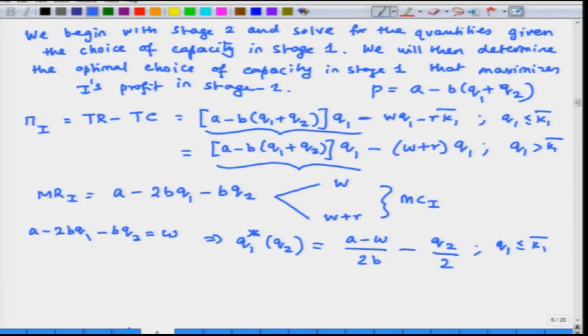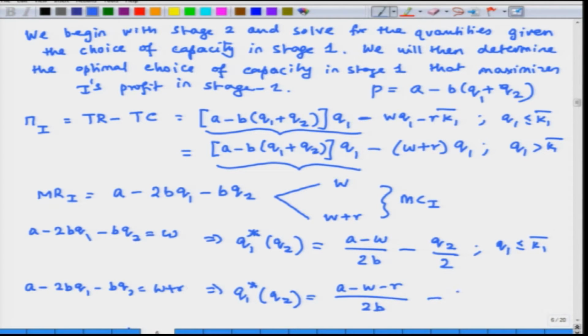Similarly, setting A minus 2 B Q1 minus B Q2 equal to W plus R will give us the best response function of firm 1, which is A minus W minus R divided by 2B minus Q2 by 2 for Q1 greater than K1 bar. So, this is the best response function for firm 1.